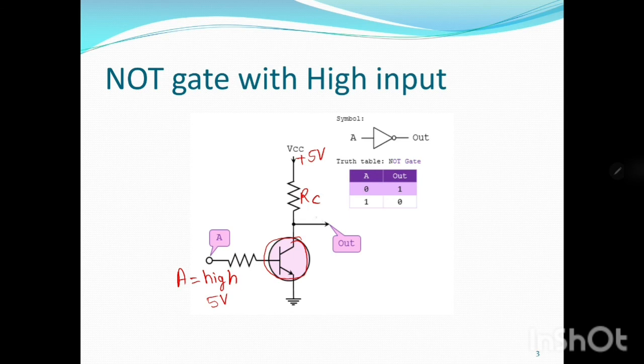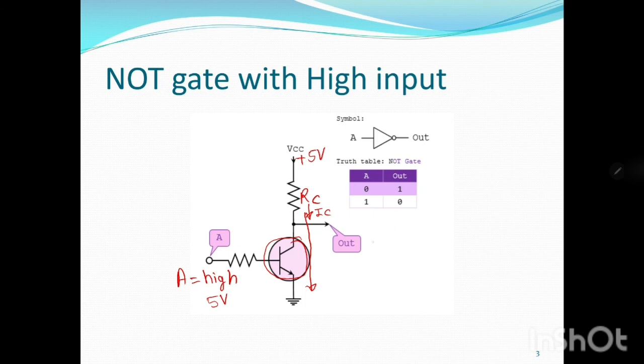When this transistor is made on, the collector current IC flows through RC and through the transistor, and as it is on, whole voltage we are able to get at the ground potential.